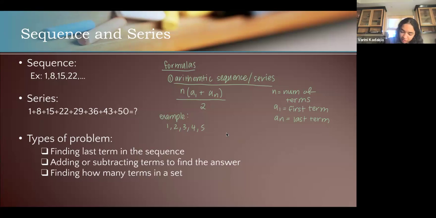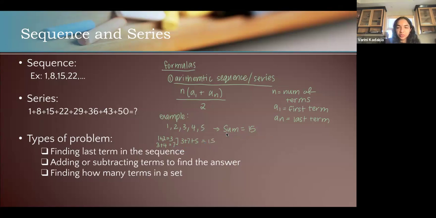We get the sum to be 15, right? 1 plus 2 gives us 3. 3 plus 4 equals 7. And then 3 plus 7 plus 5 gives us 15, right?